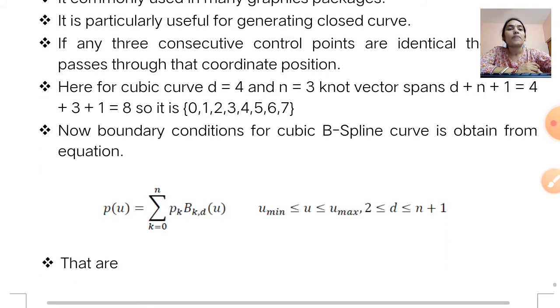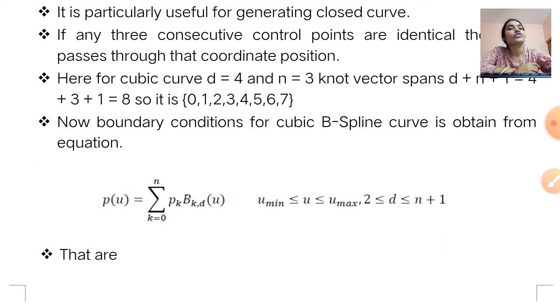Now, the boundary condition of a cubic B-spline curve is obtained from the equation P of u equals the summation of k equals 0 to n of pk bkd of u.